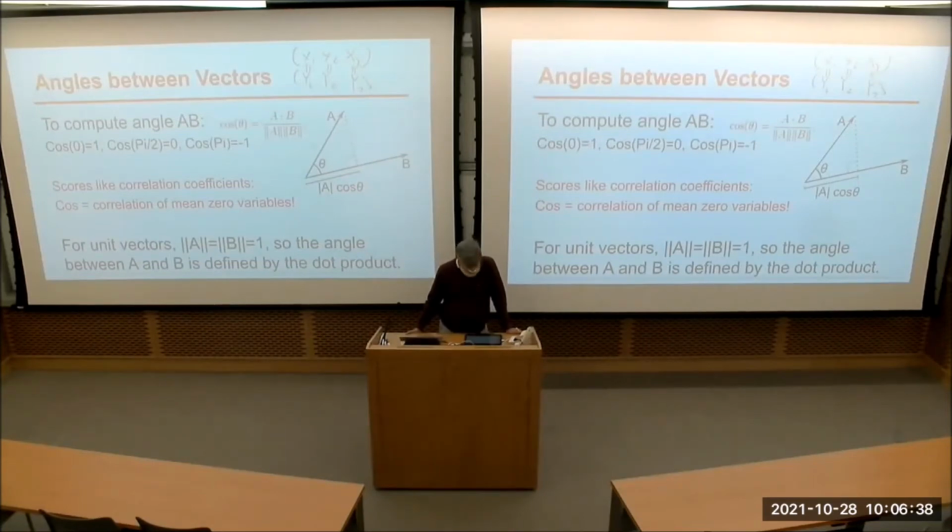And so one way to think about it is that the scores of cosine similarity are not like distances in a geometric sense, but they are like correlations. Basically, if we had normalized the vectors to unit vectors, the dot product, the cosine, is going to be the correlation between them.